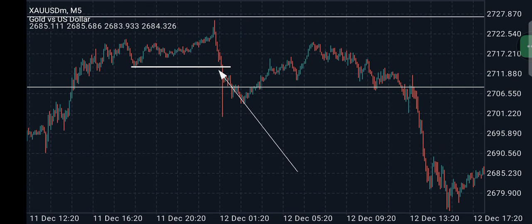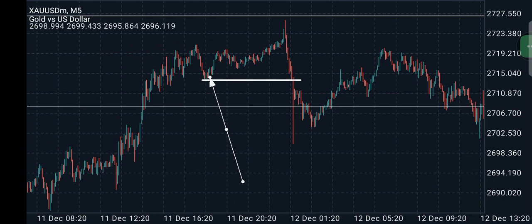This is the low on the 5 minutes inside our point of interest, sorry guys. Price took out this low and used this large momentum to trade below this last level here, showing you a kind of control of the bearish movers in the market.